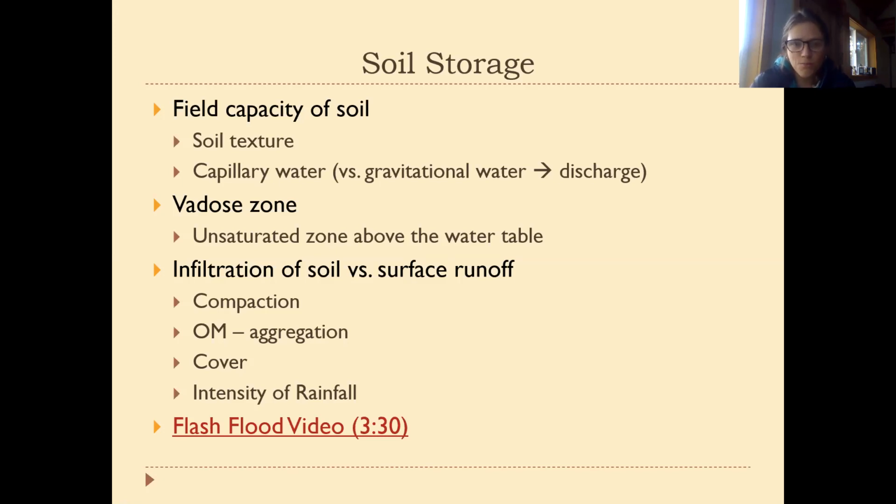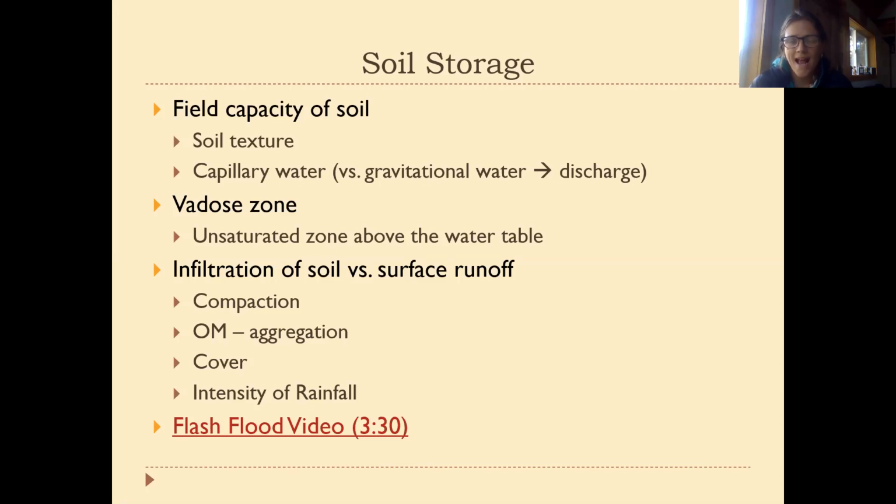Another thing that we have mentioned before, but is also important to understand, is that of course the intensity of the rainfall, the way that the precipitation comes in, is going to have a big impact on whether that water ends up being stored in the soil or not. As we've already mentioned, where we have a lot of intense rain coming very quickly, that might quickly overwhelm the ability of the soil to infiltrate water.